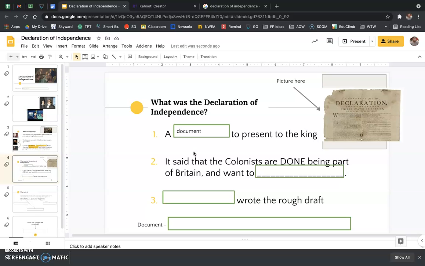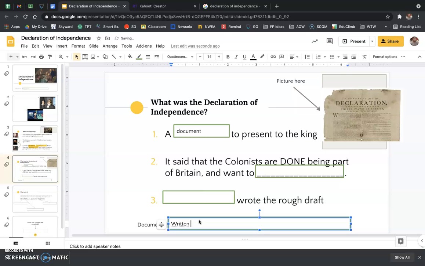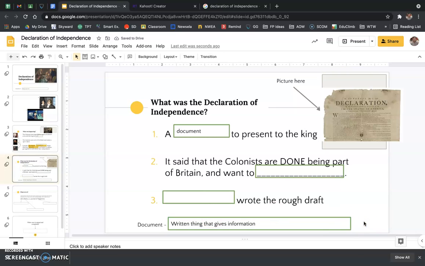A document is a written thing that gives information. The thing that's giving information is about what the colonists are going to do if they win.